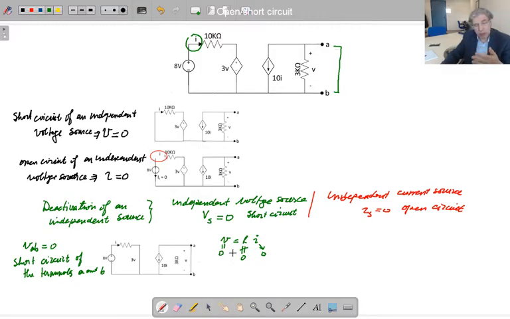So what does this mean? What we are going to do to represent this in practice, we are going to make that resistor open circuit. We are going to remove it. Why is that? Because if you don't remove it, there could be a current passing through. So therefore, we consider it as open circuit and remove this element.